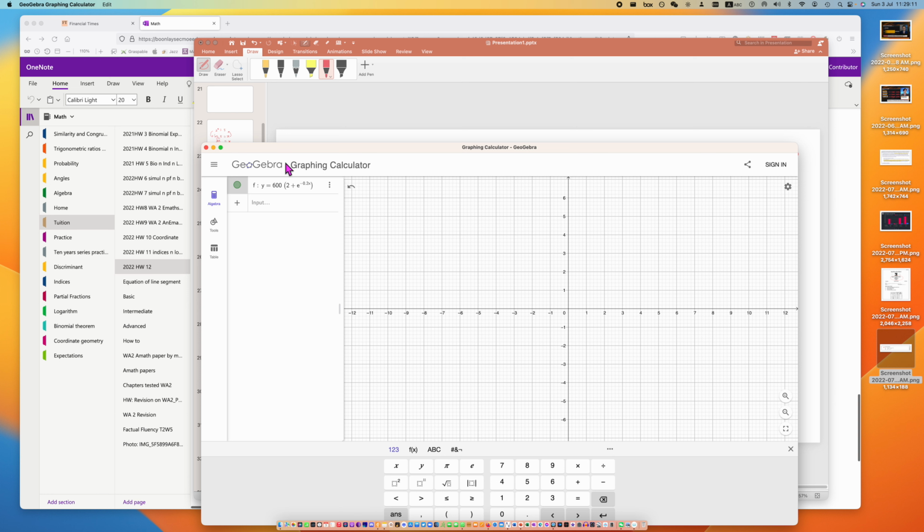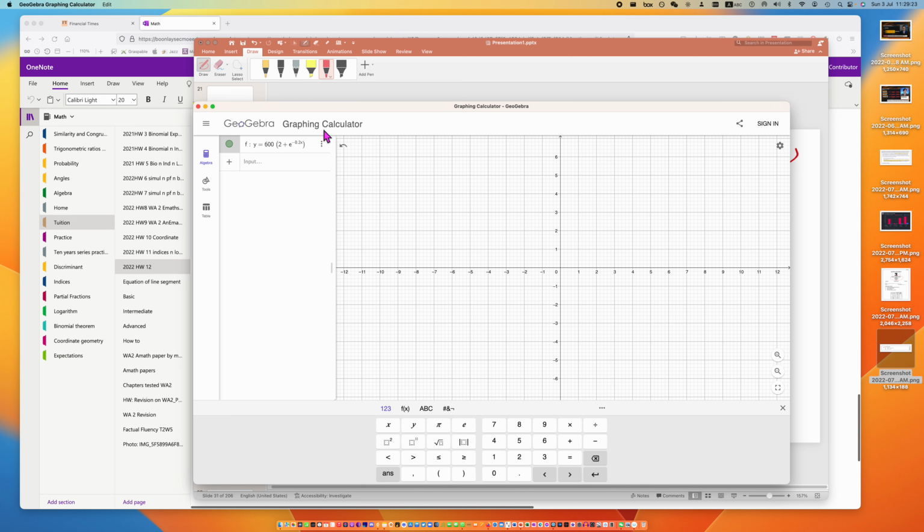How come this one doesn't work today? Do you have the app? Sure, please try your app. I have it on my iPad. It has GeoGebra. There it is.